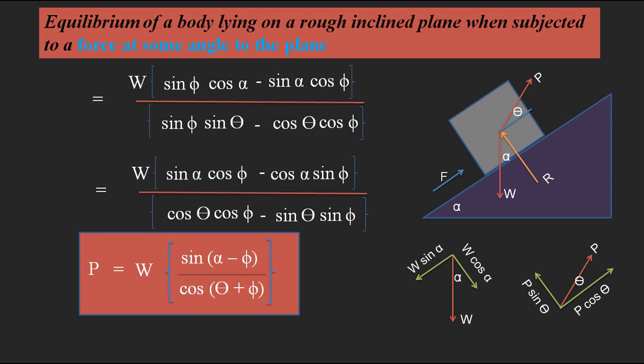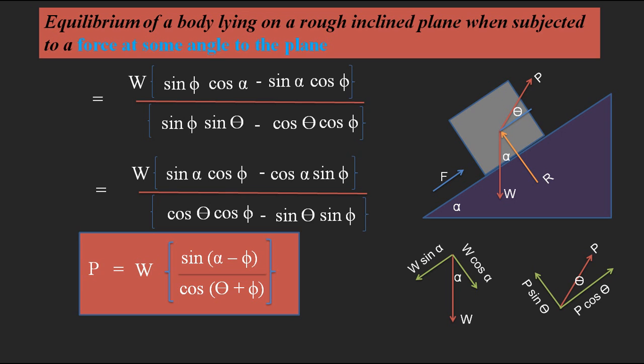So same procedure, except we need to indicate the force, that is the P, which should be acting at a particular angle theta. Then we have to resolve it, then we need to consider horizontal and perpendicular, then we need to apply the equilibrium condition. So same steps as in the previous videos we have already discussed. Then we'll be getting the equation like this: minimum force P is equal to W of sin alpha minus phi by cos theta plus phi.